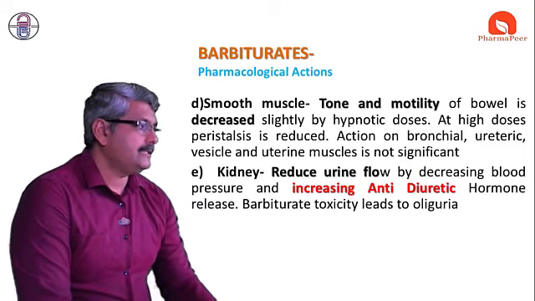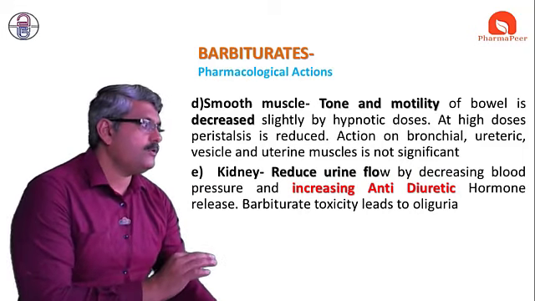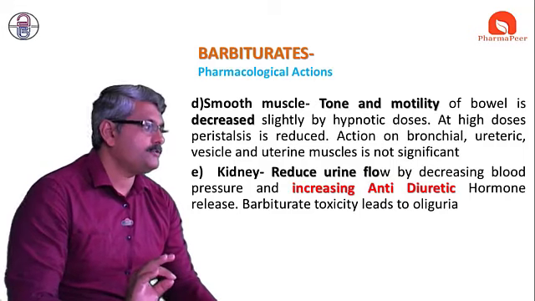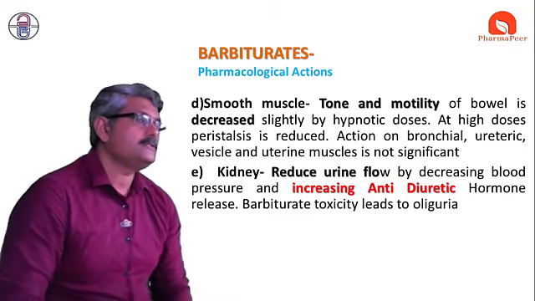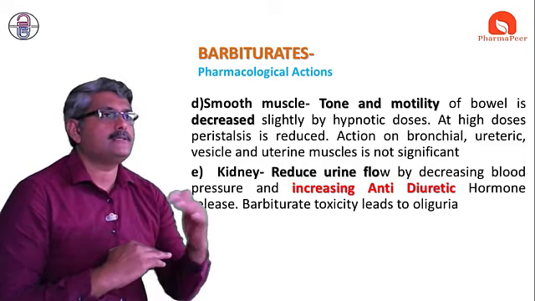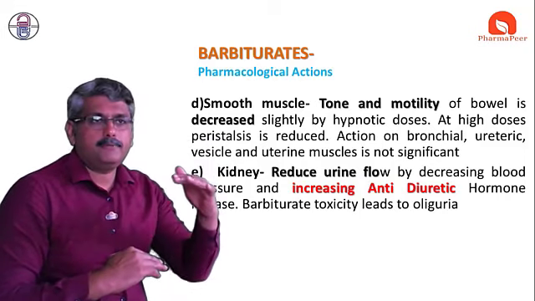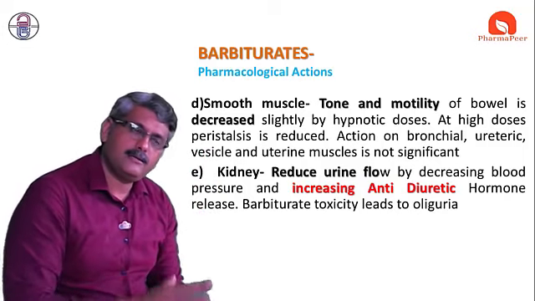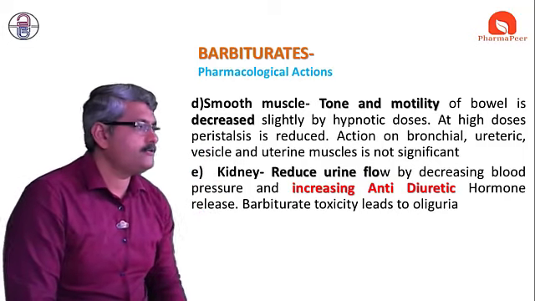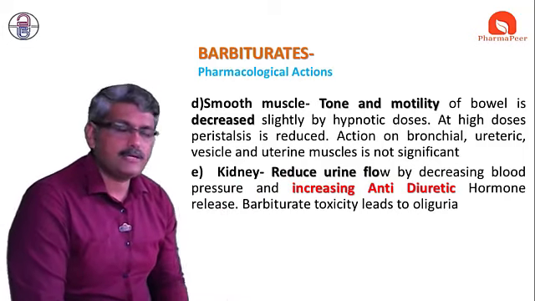With respect to the kidney, urine flow is reduced due to the decrease in blood pressure. As blood pressure is reduced, the flow to the kidneys is reduced, and as the flow to the kidneys is reduced, urine flow also decreases.